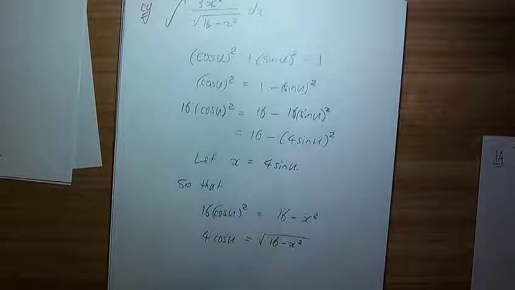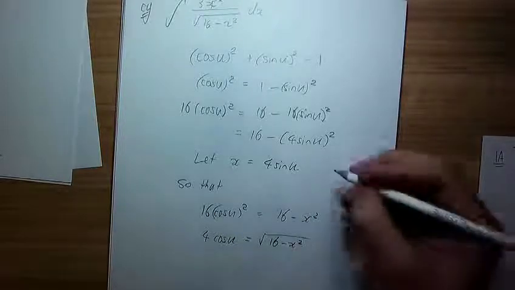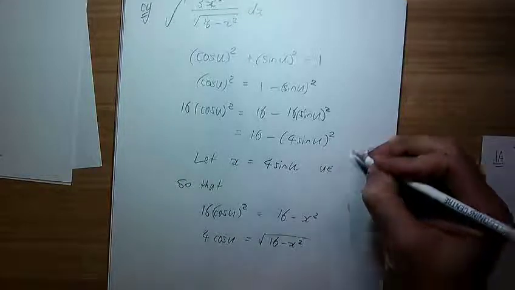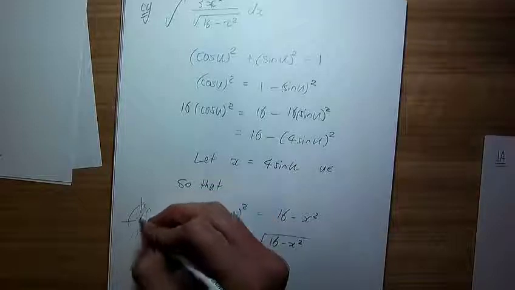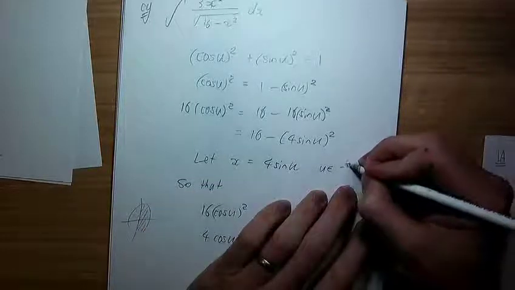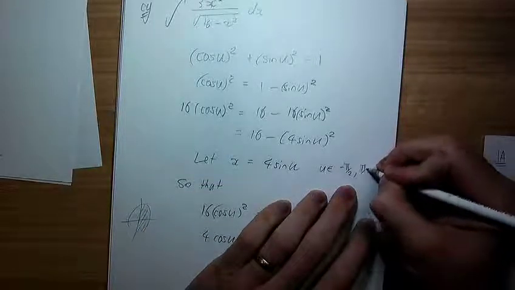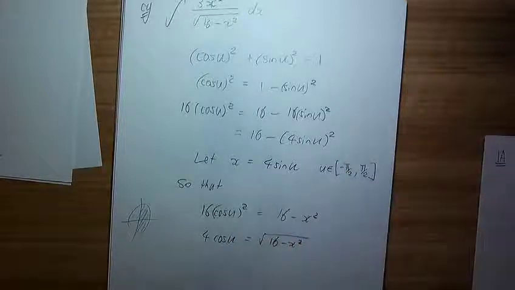I suppose technically when I do a square root, there's supposed to be a plus or minus. But if I'm really careful about u, I can just arrange it so that the cos u is positive anyway. Where's cos positive? Cos is positive over here, isn't it? Beautiful.